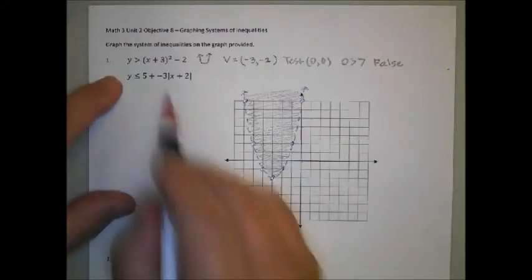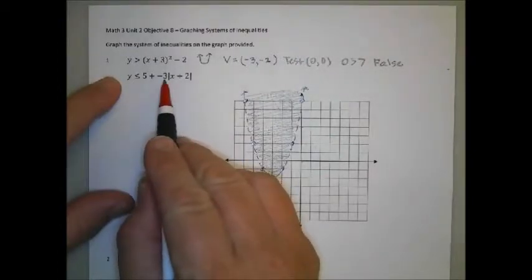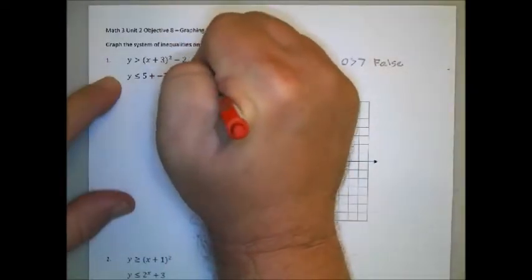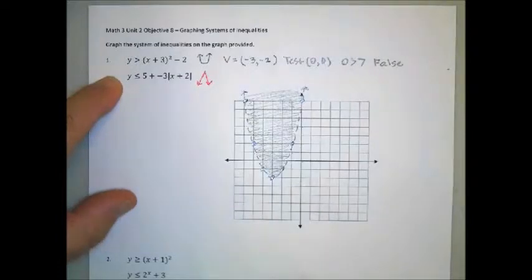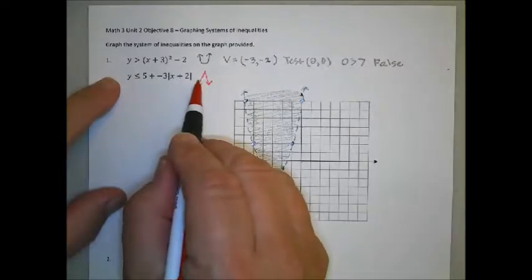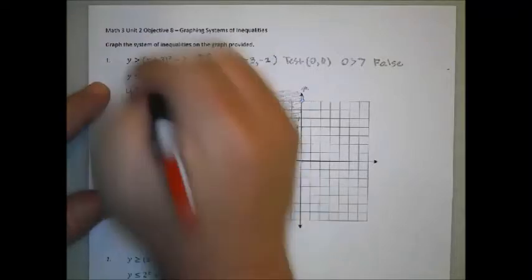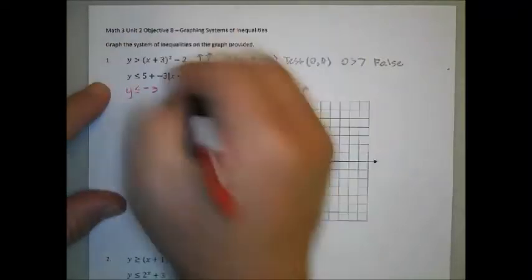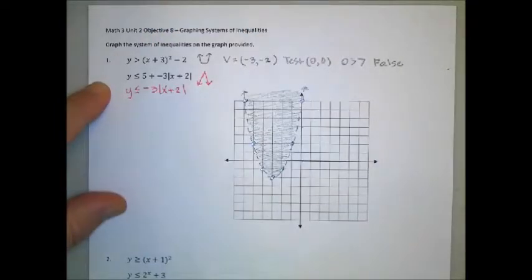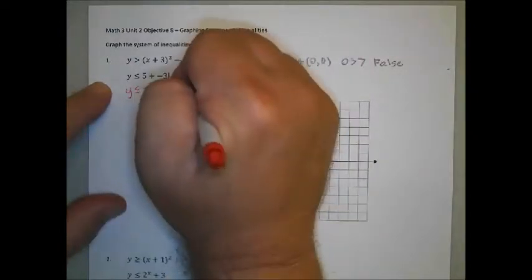Now this one's an absolute value function, and the leading coefficient is -3, so you actually know it's going to be something that makes a downward V. Now the first thing I would do to this is, I'm more familiar with the constant being at the end, so I'm going to rewrite this. y is less than or equal to -3 times the absolute value of x plus 2, and then I'm going to put the plus 5 at the end because it's a positive 5.